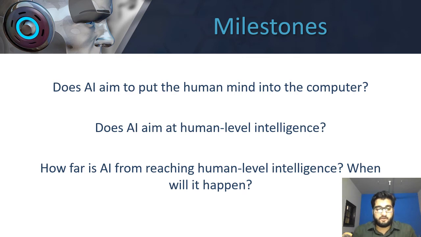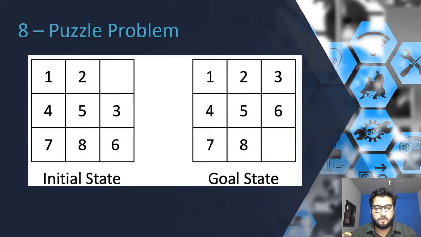All of these characteristics are found in humans, hence we label humans as intelligent. So the main goal of artificial intelligence is to make machines intelligent by making them function just like a human brain does.